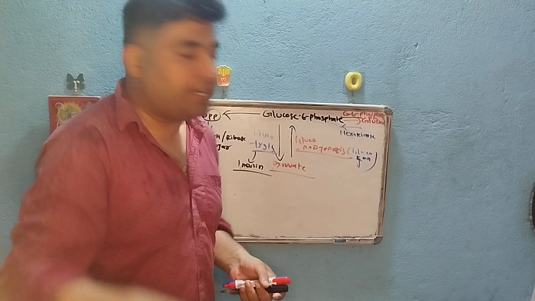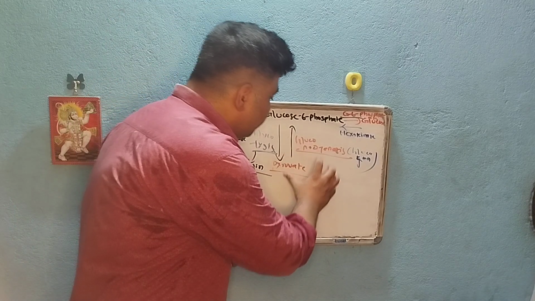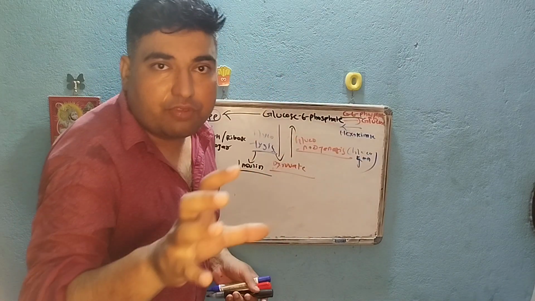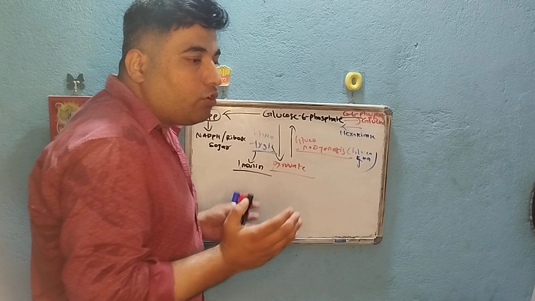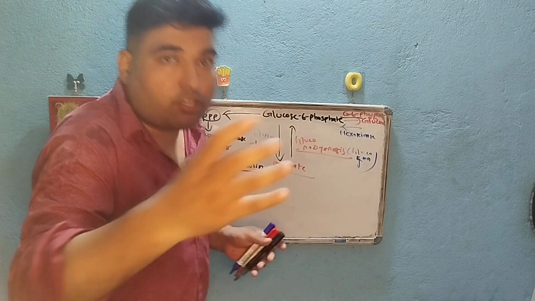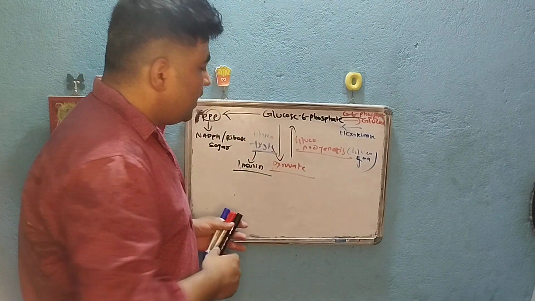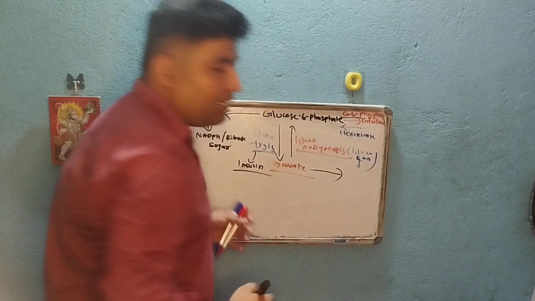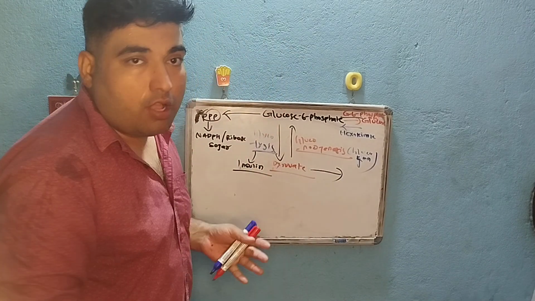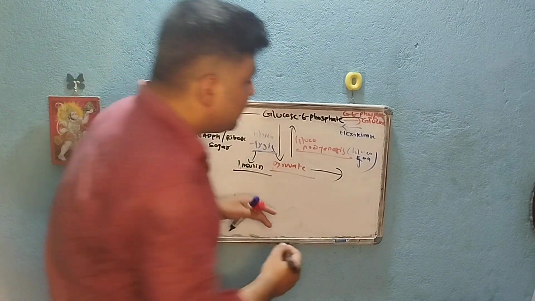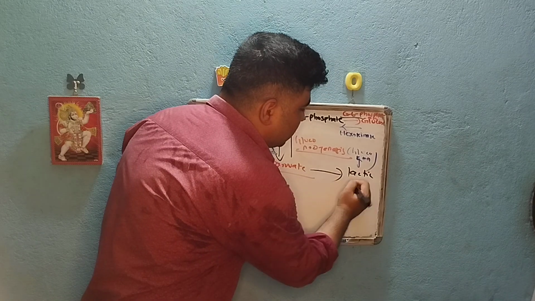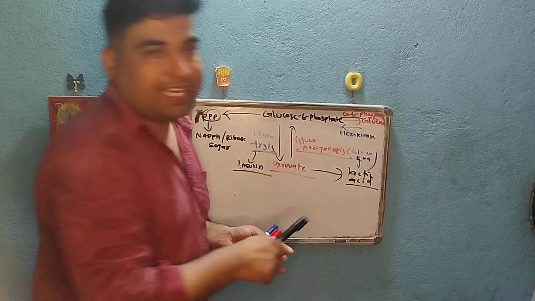It is independent of oxygen. Only the fate of pyruvate is decided depending upon oxygen. If there is an absence of oxygen, that is anaerobic respiration, this pyruvate is converted into lactic acid.